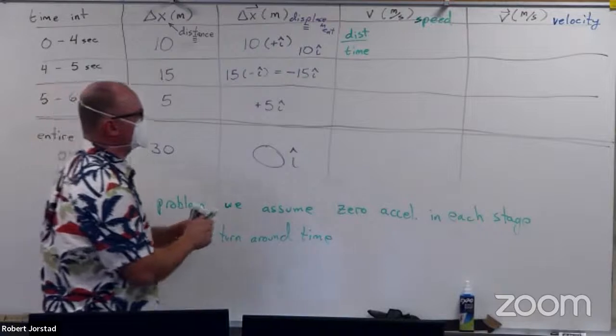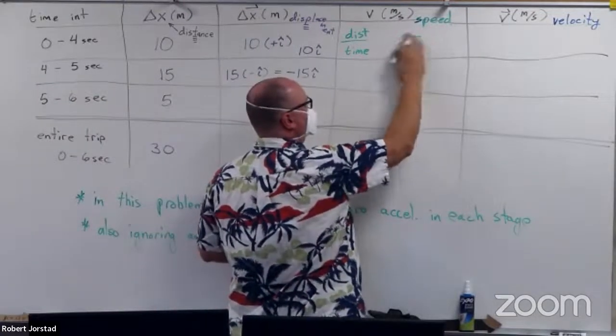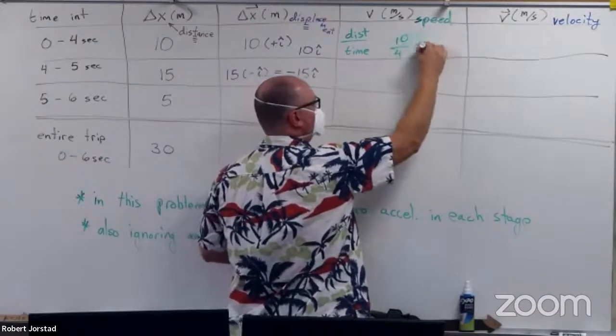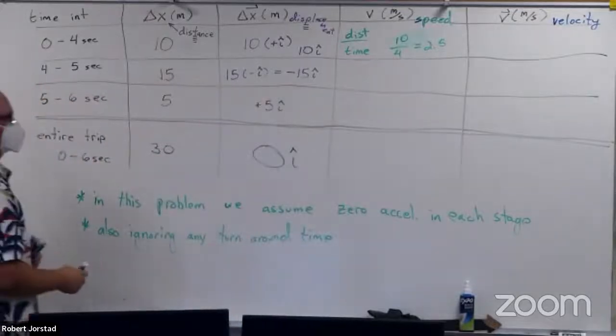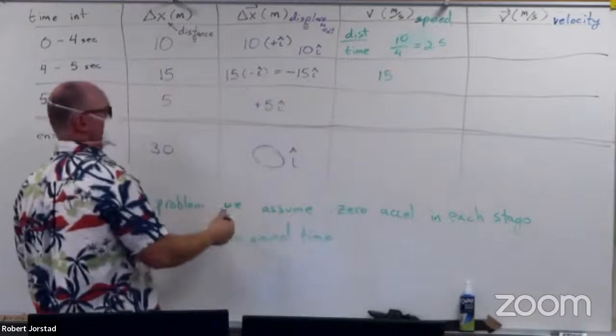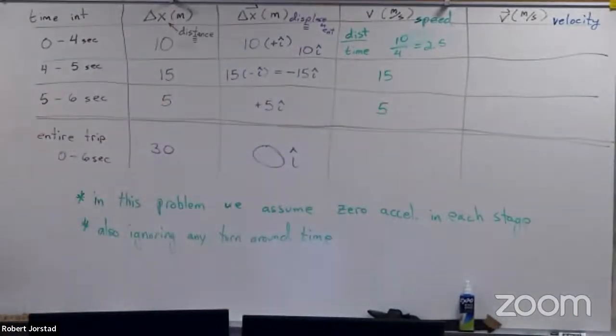So what is our speed for the first one? 2.5, 10 over 4. That's good. All right, so far so good? And the units are up top. How about for the next one? And the last one, just 5? Is that right? Yeah, okay.